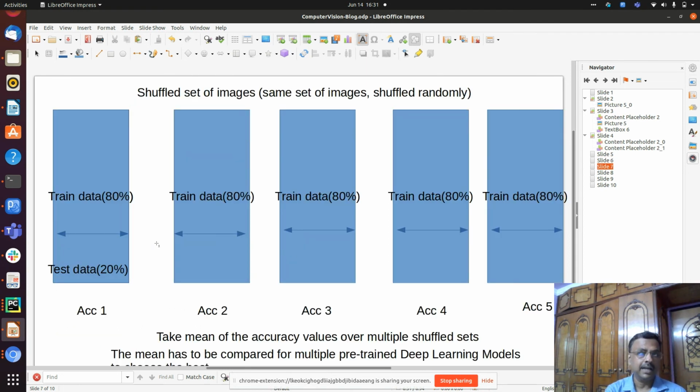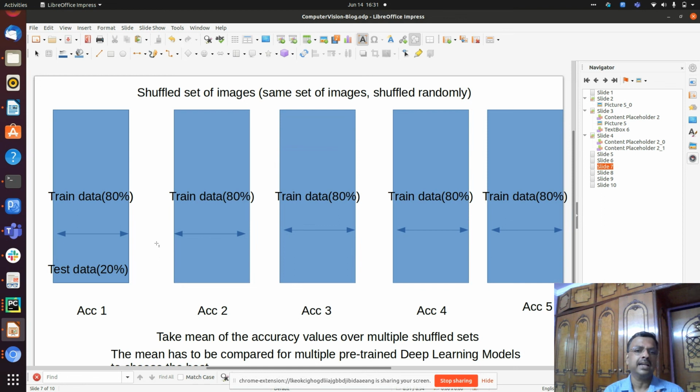Shuffled sets: I've seen many tutorials, they will take train and test, done. But if you just reverse it, use the test as the first 10,000 and the train as the next 50,000, the results could be different. It will not be different with MNIST because it's very uniform data. But in real life, you will find that when we shuffle the data and use the accuracy measures across shuffled sets, the results will never be the same.